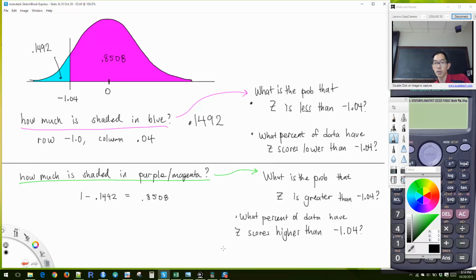Okay. Or symbolically, we can just write probability that z is greater than negative 1.04. And equivalently, over here we would write probability that z is less than negative 1.04, okay?